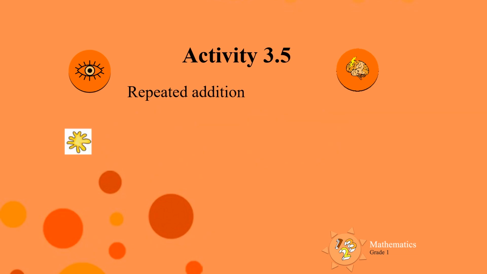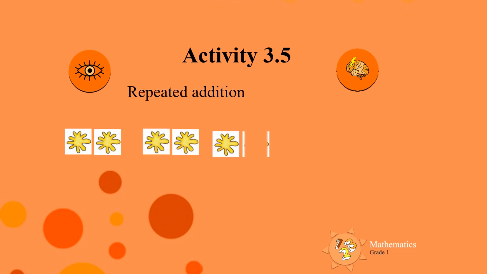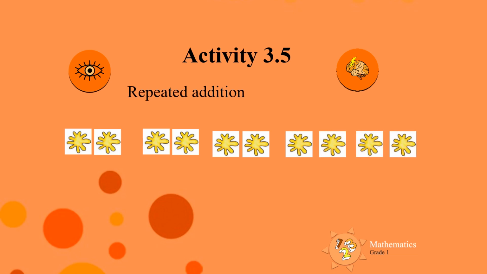Looks like I have another one. Let's count. 1, 2, 3, 4, 5, 6, 7, 8, 9, 10. Can you tell me what that plus sum is? It's 2 plus 2 plus 2 plus 2 plus 2 is equal to 10.